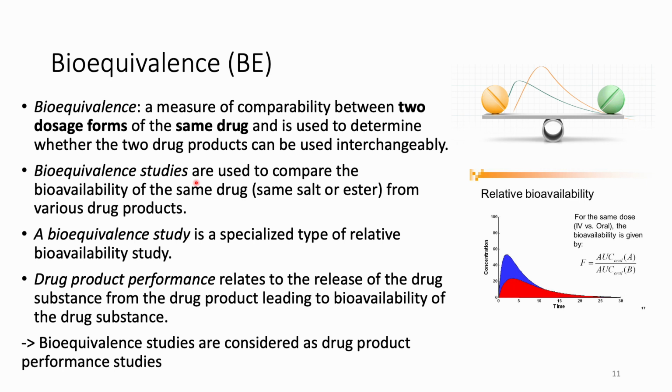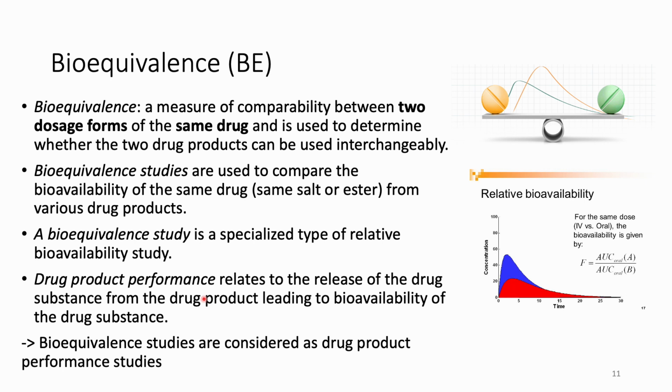The bioequivalence studies are used to compare the bioavailability of the same drug, which can be the same salt or ester, from various drug products. A bioequivalence study is a specialized type of relative bioavailability study because they compare two drugs not administered through IV injection, but they have the same drug, and they can be in different dosage forms or different salt forms.